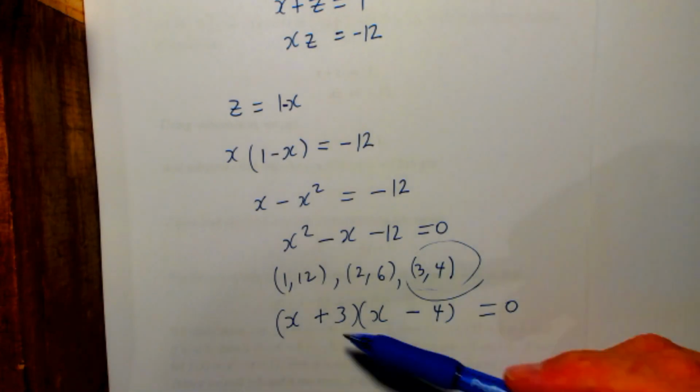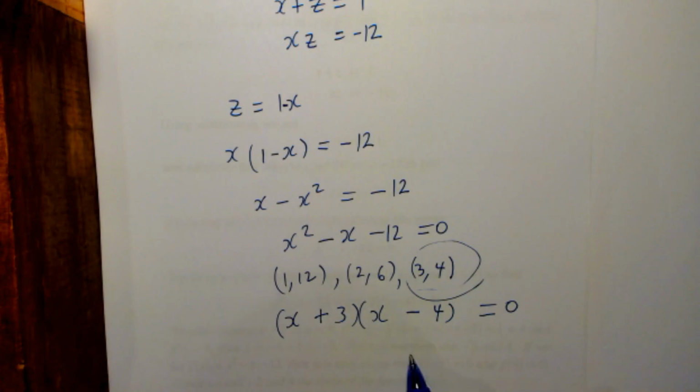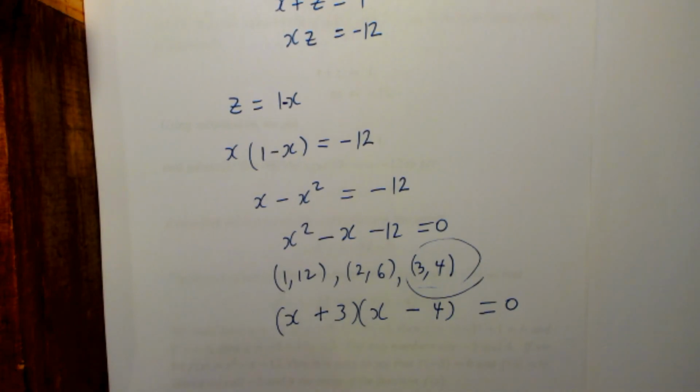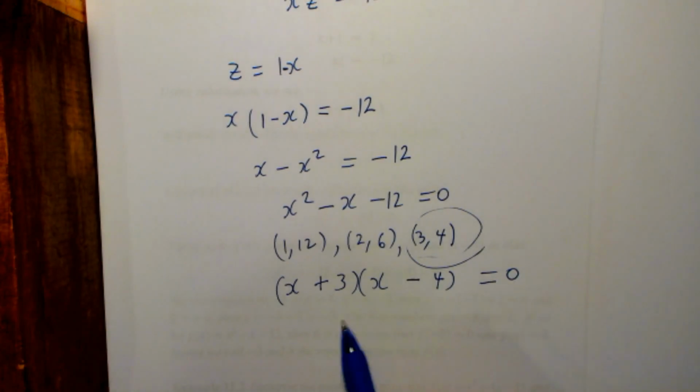Okay, so this expands to give this. These are the factors of that quadratic polynomial, and so we can clearly see what the zeros are. They are the x that give us 0 when we sub them in, and so that would be minus 3 for this and 4 for this. But we can do this in another way, because if we have the product of 2 numbers equal to 0, then at least one of them has to be 0.